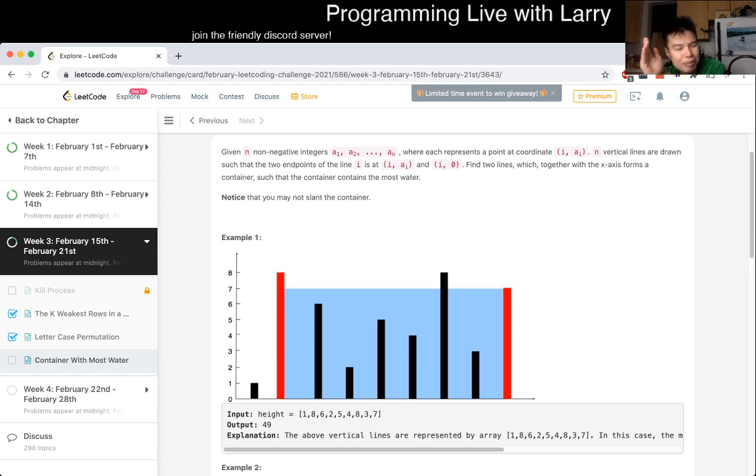And the most water that you can get, and maybe we have to do it both ways, but it seems like in this case it would be the leftmost vertical line that is higher than this line, right?